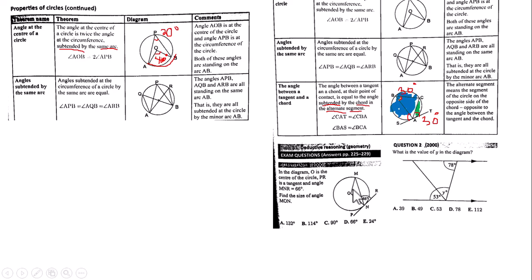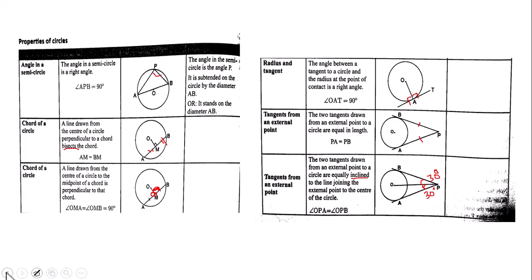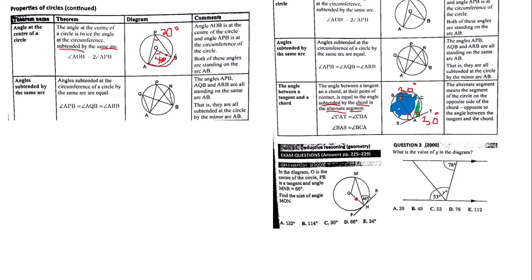Okay, so if you look at it, we have a radius and a tangent. So they will form a 90-degree angle. Let's go back. Radius and a tangent right there. The radius and a tangent forms a 90-degree angle. So this full angle between the radius ON and the tangent RNP is 90. This full angle is 90.